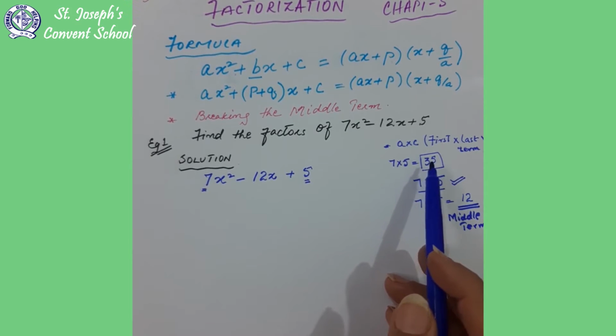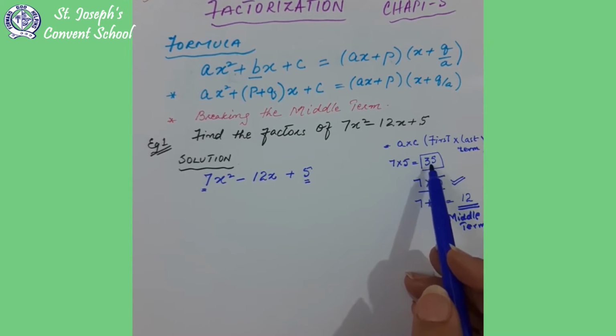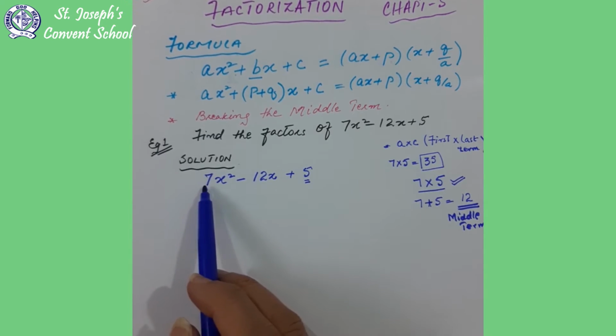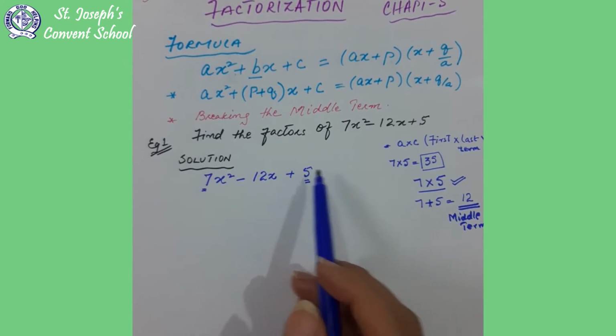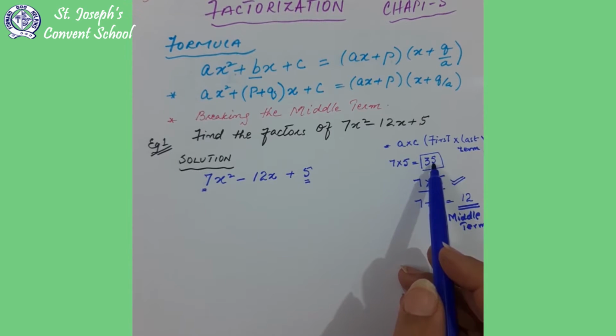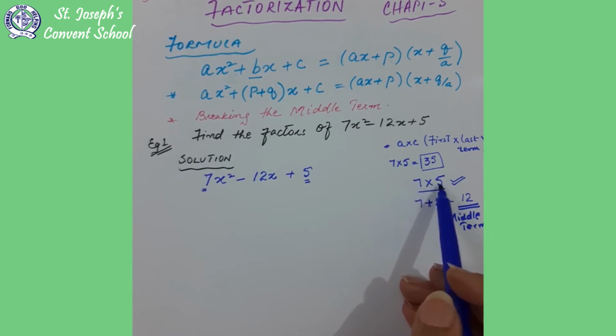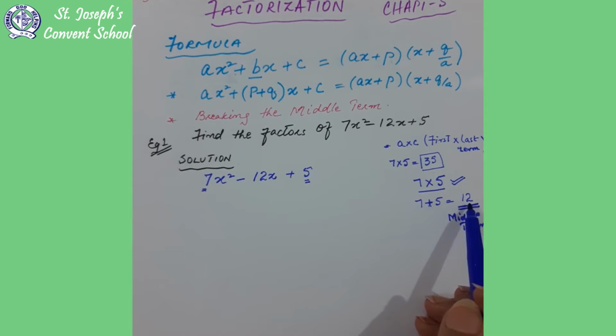Because the factors of 35 are 7 and 5. So what we did, multiply first and last term. You got 35. 35 goes in table of 7 or 5, 7 into 5. When you add, you get the middle term. So now these are the two factors.